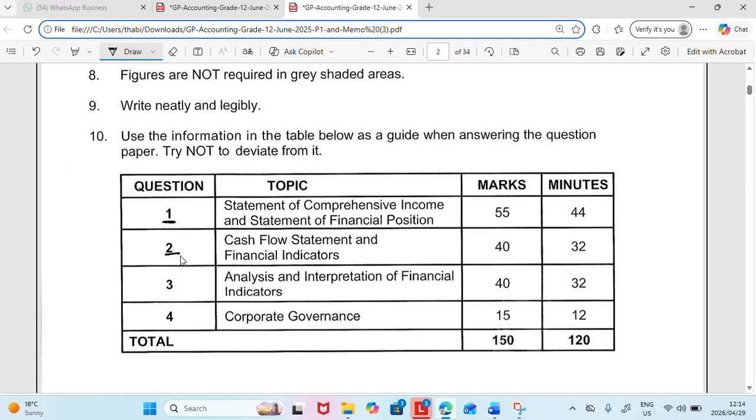Then part 3, we need to do the cash flow statement and financial indicators. And then we also need to do the analysis and interpretation of financial indicators. And then please check as well, guys, I will upload a recording where we need to complete the corporate governance question as well.